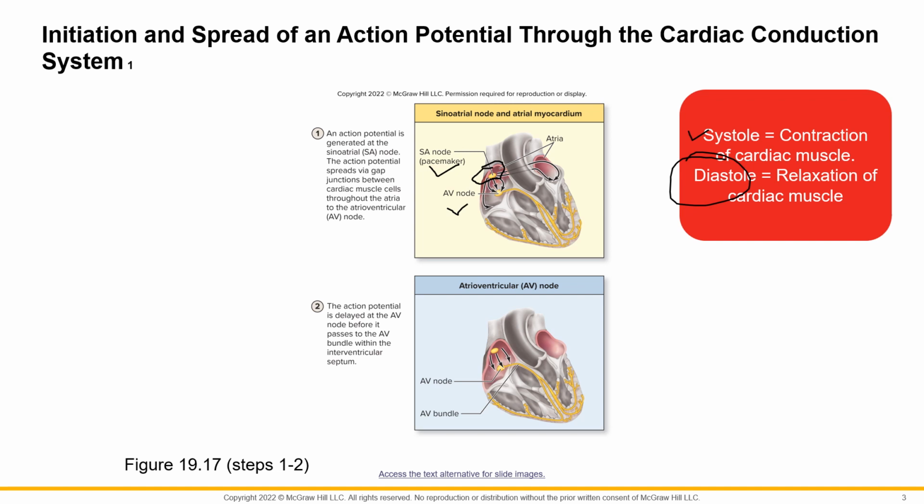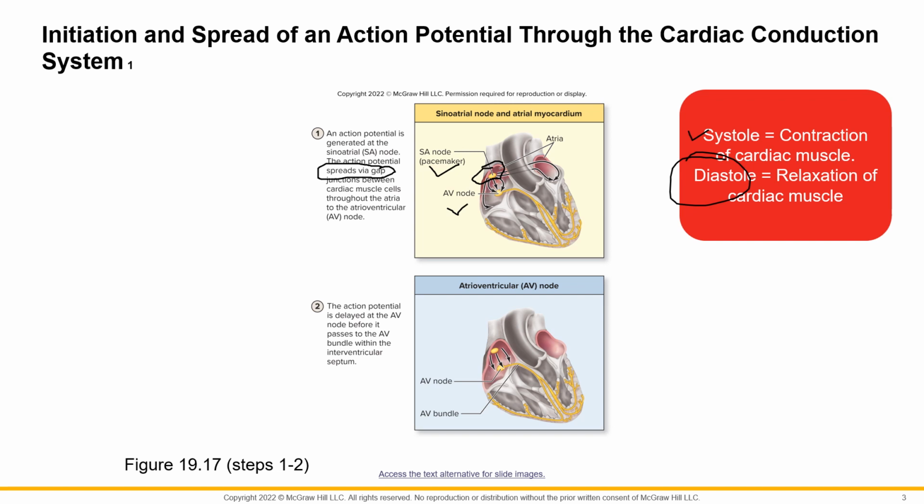So the SA node becomes depolarized, so it's resting at -60 millivolts. Sodium channels open, sodium and calcium influx into the SA node and depolarize the SA node. Now, that action potential spreads from muscle fiber to muscle fiber via the gap junctions.